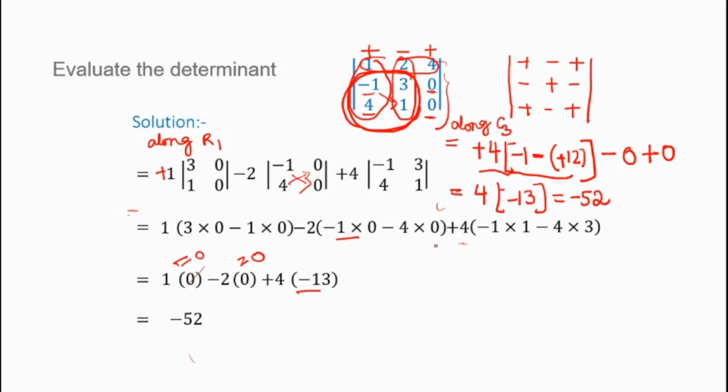So the problem will be much easier when you expand along the row or column which contains the maximum number of zeros.